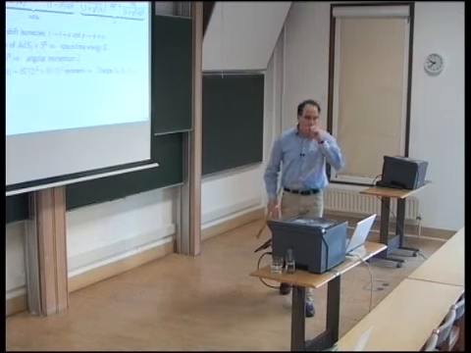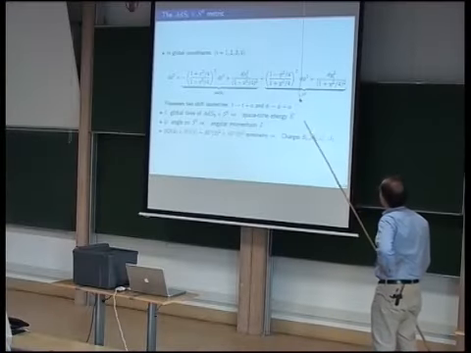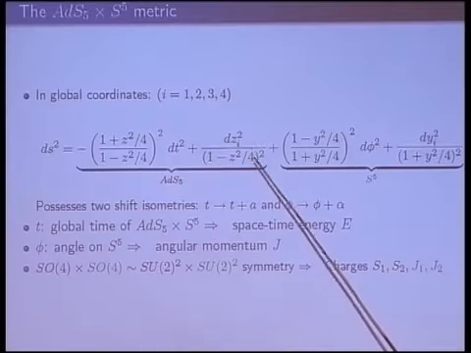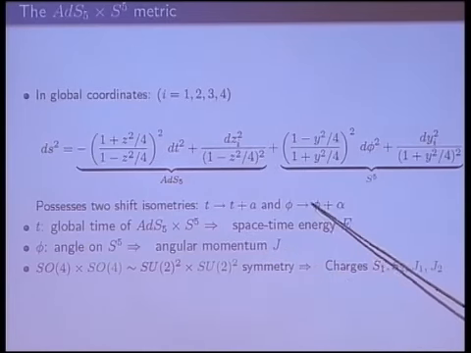Good. So let's start. AdS5 cross S5 metric in global coordinates. Just to set notations, we have the z's, which are the transverse coordinates in the AdS5, and the y's, the transverse coordinates in the S5 piece of the metric. It has two obvious isometries if you shift t and phi, and the associated Noether charges with these symmetries are exactly the space-time energy and an angular momentum on the S5.